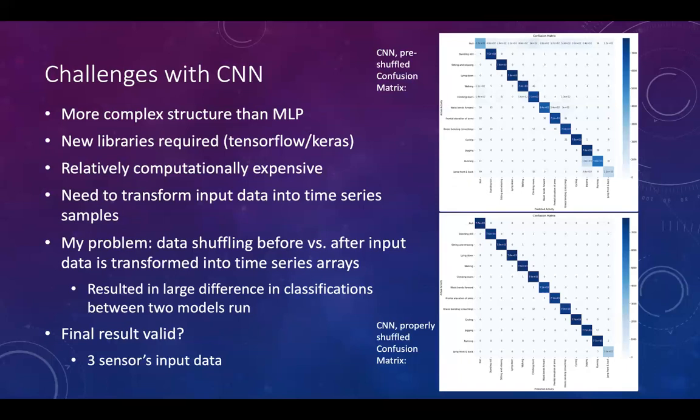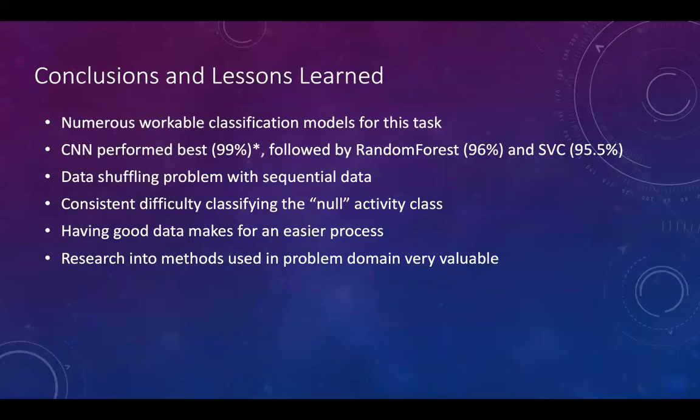Again, with such a high accuracy score, it's difficult for me to know if I did something wrong, but there was a lot of data sourced for this problem, 3 different sensors on the volunteers' bodies, and so I think it's maybe possible that I was able to do this, but it is a new model for me, so it's something that I want to learn more about.